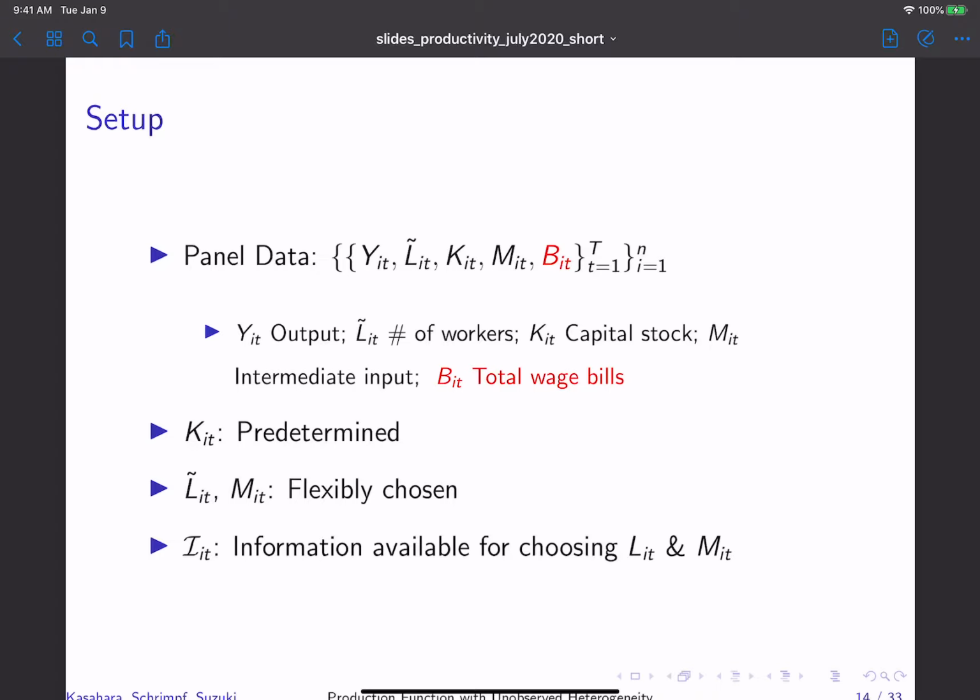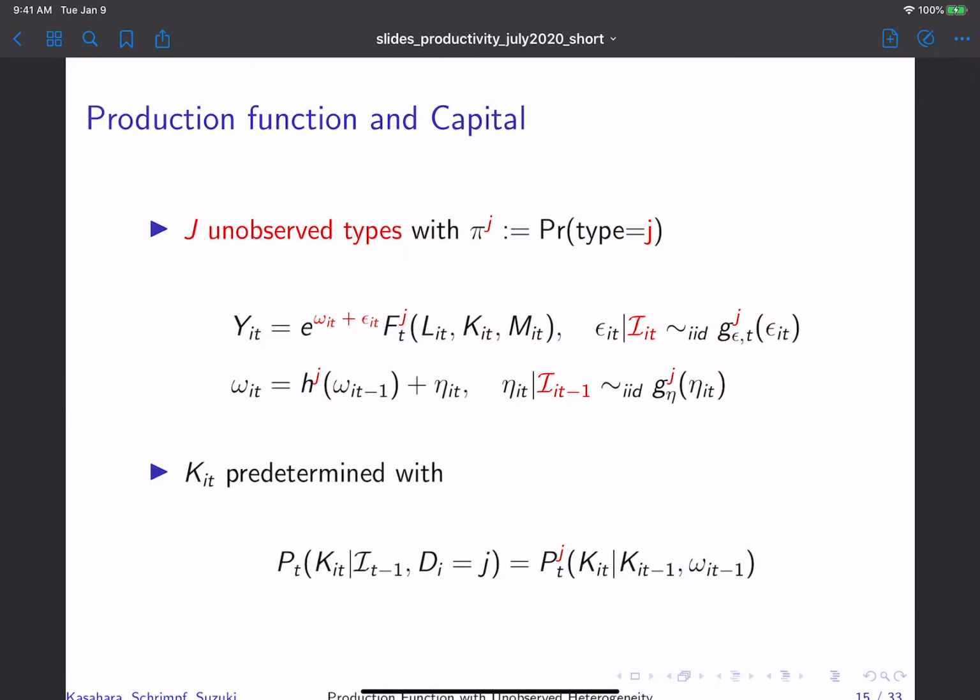The K is assumed to be predetermined for simplicity. And L_t, which is the number of workers, and M, the intermediates, are assumed to be flexibly chosen. And I represents the information available for choosing L and M.